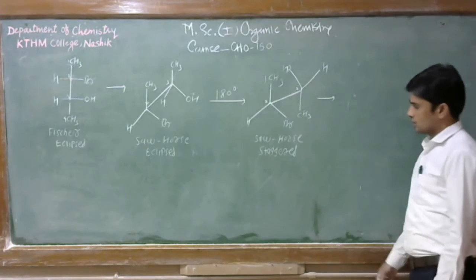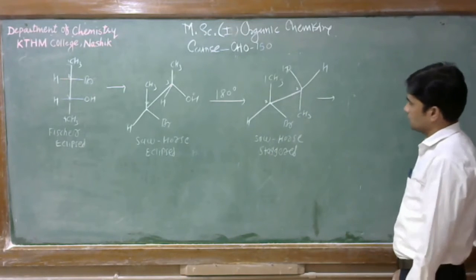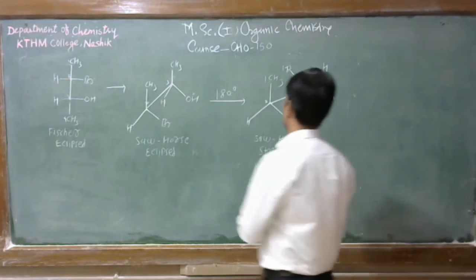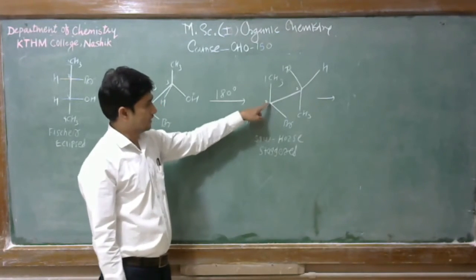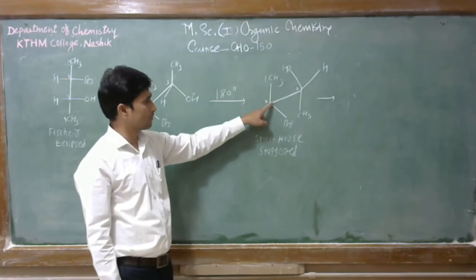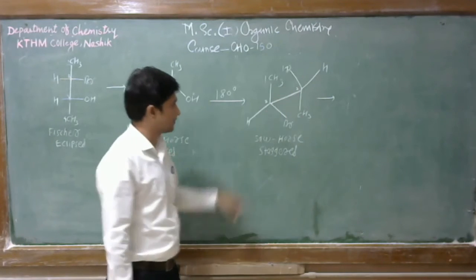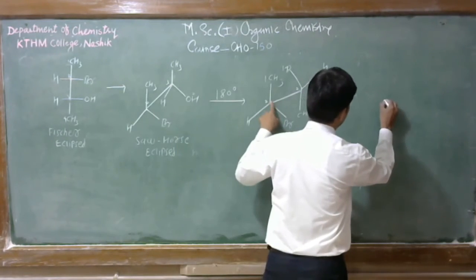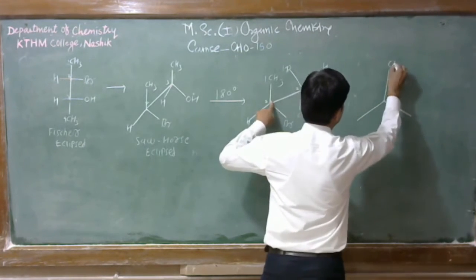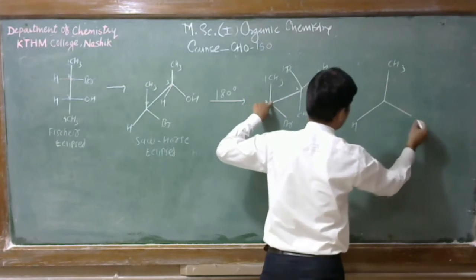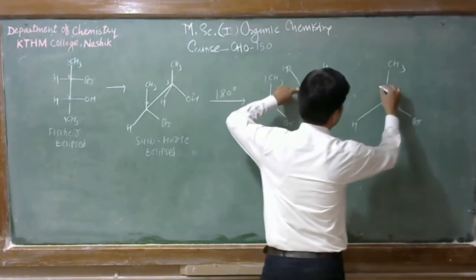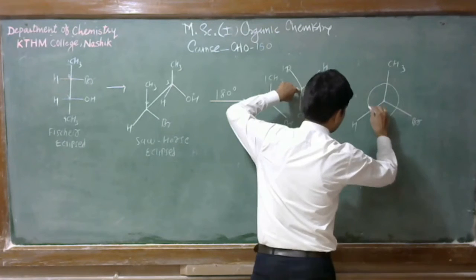Now this Sawhorse staggered form has to be converted into the Newman projection formula. If we observe this compound through this direction, then this is the front carbon atom and this is the rear carbon atom. Carbon number 2 is the front carbon atom, carbon number 3 is the rear carbon atom, and the front carbon atom is denoted by a single dot. See, this is the CH3 here, this is hydrogen here on the left hand side, this is bromine here on the right hand side, and the rear carbon atom is denoted by the circle.